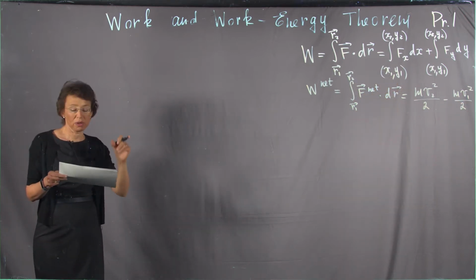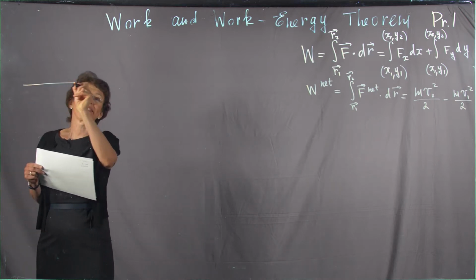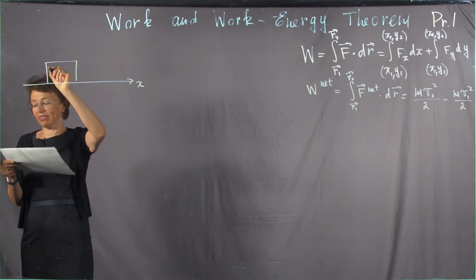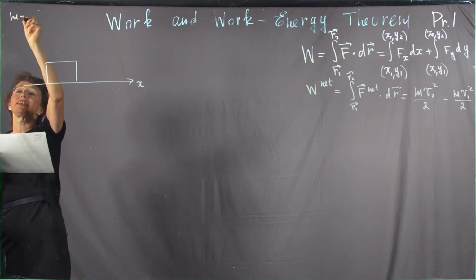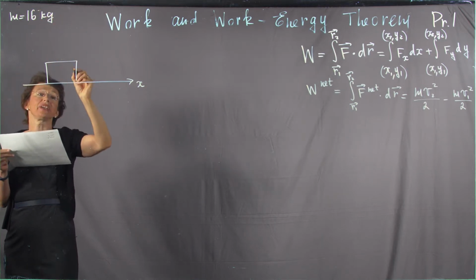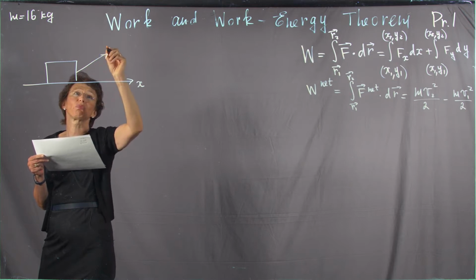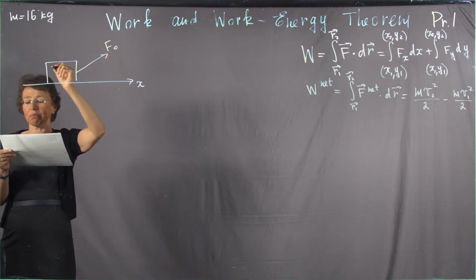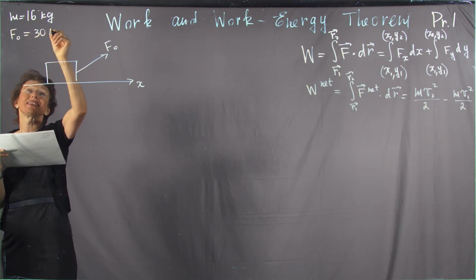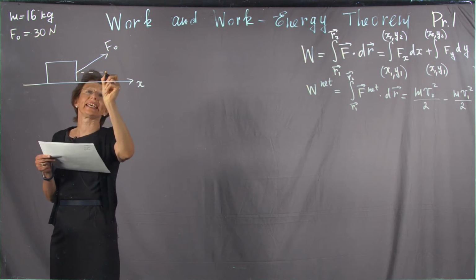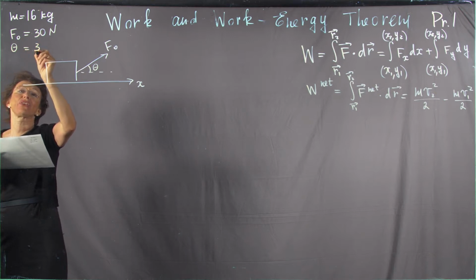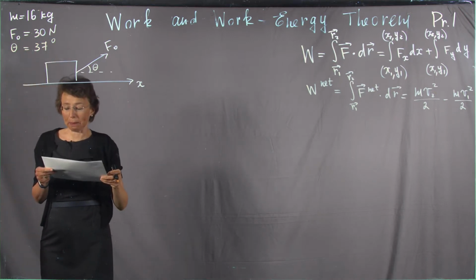So, problem 1. For problem 1, we will have a block with given mass m. M is 16 kilograms. And then there is a force acting on this block. The force has magnitude F naught, which is 30 newtons, and it is acting at angle theta, 37 degrees with horizontal.